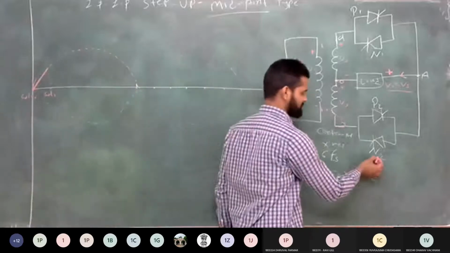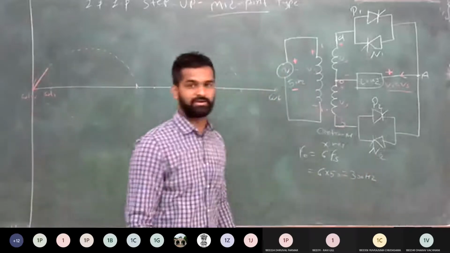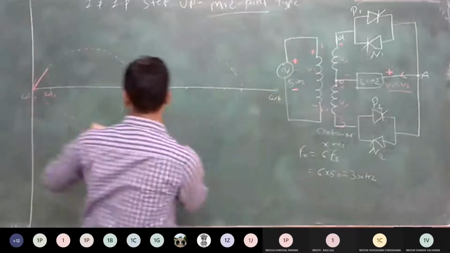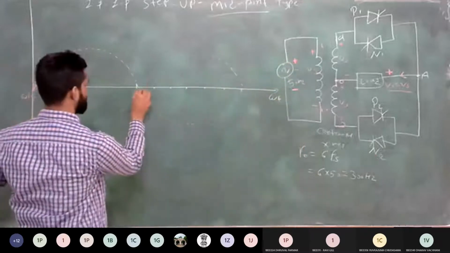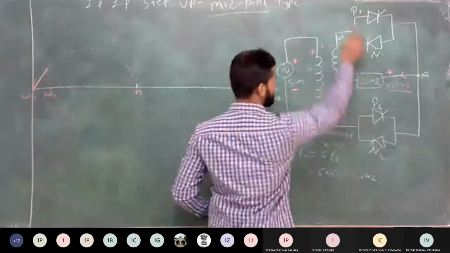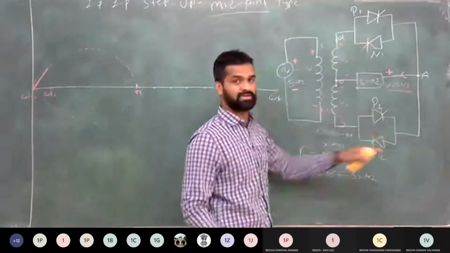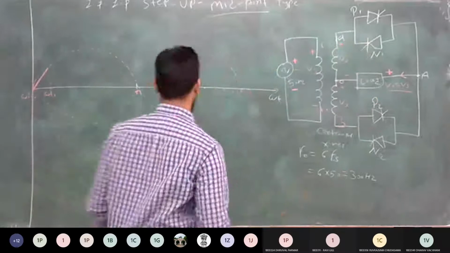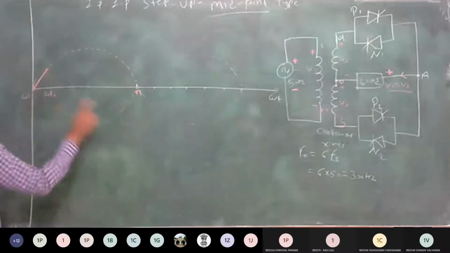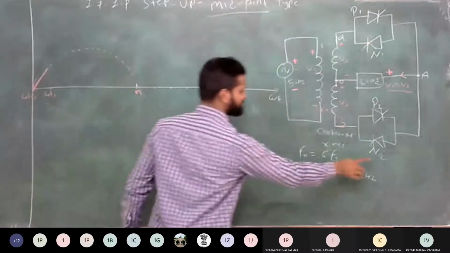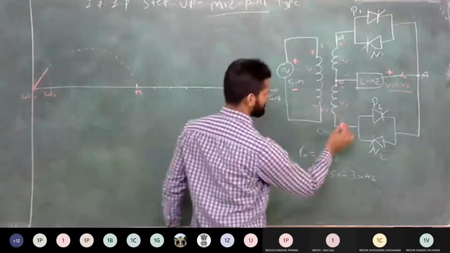So I will provide the gate pulse to thyristor number N2, because in the positive cycle from 0 to pi, only P1 and N2 are in forward bias. Clear? P1 gives a positive voltage and N2 gives a negative voltage. So after omega t1, I will turn on this N2 thyristor, so that what will happen?